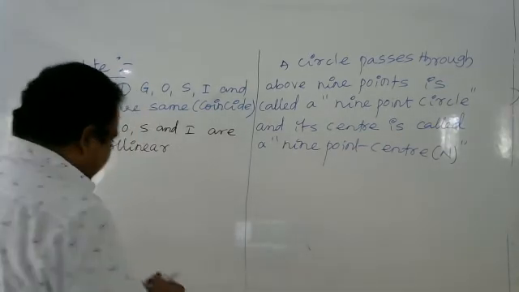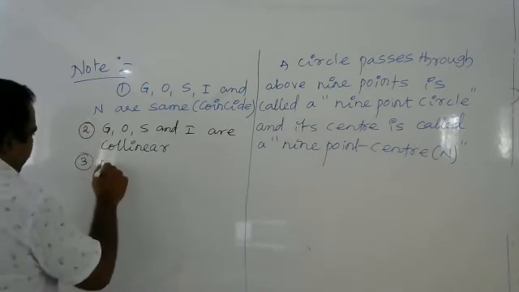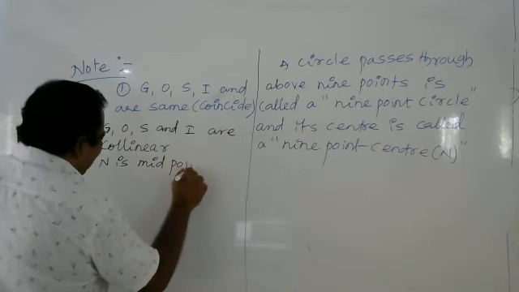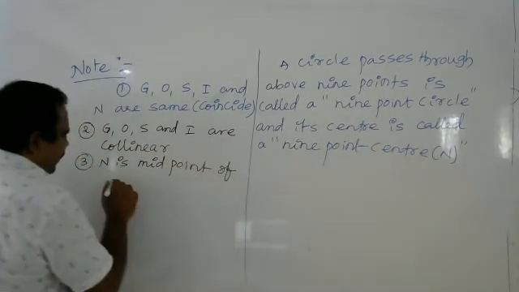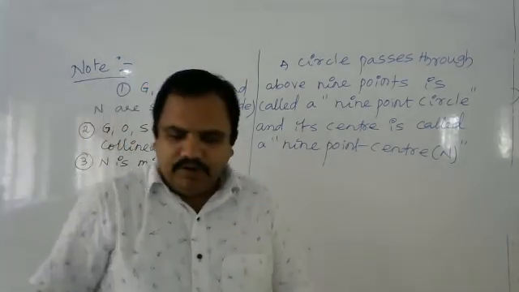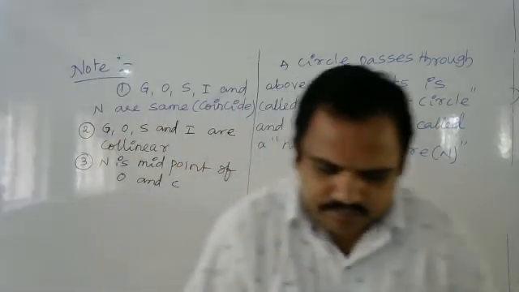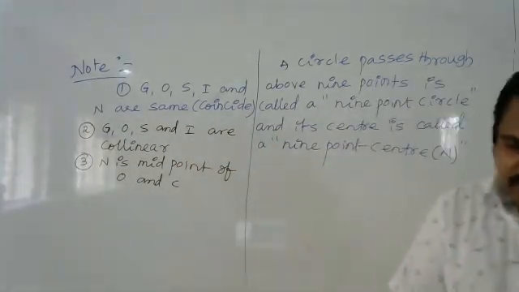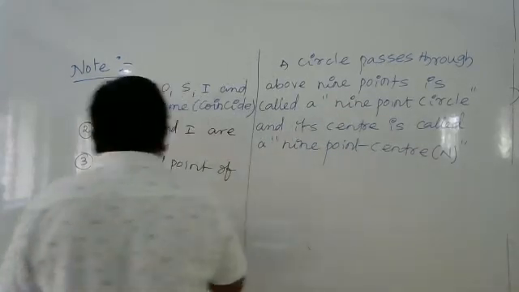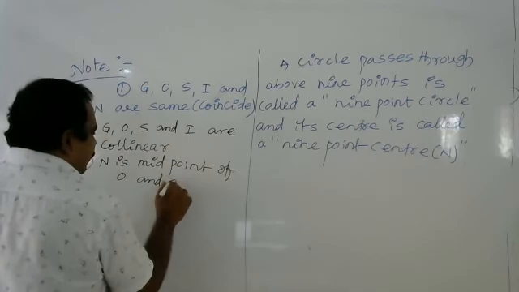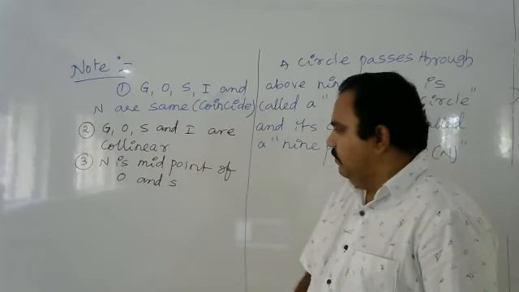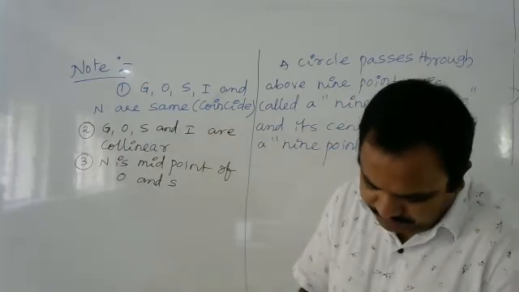N is the midpoint of O and C. The 9 point center is the midpoint of the orthocenter and circumcenter.